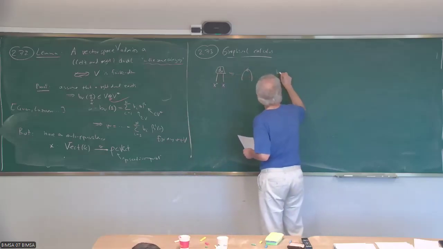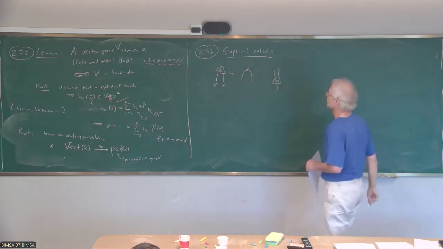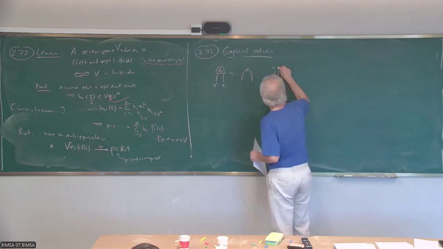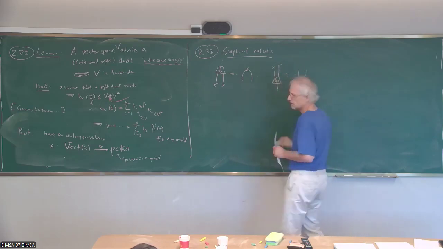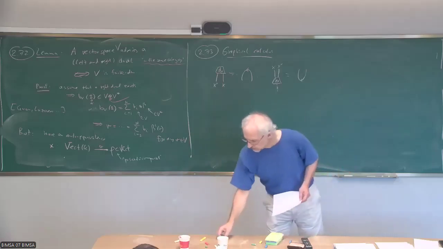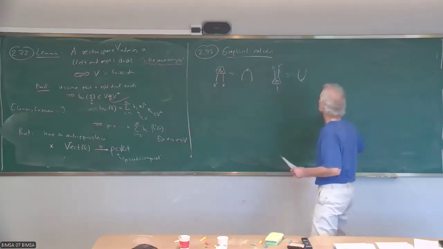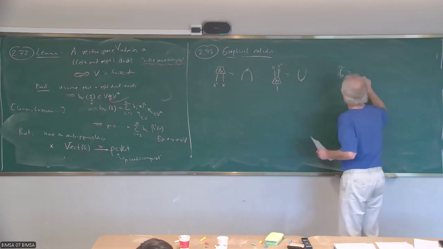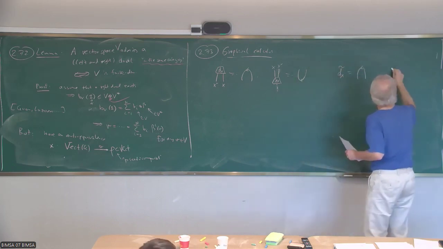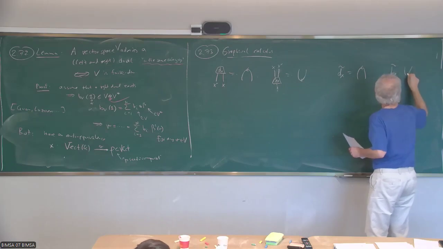And bx, which is a morphism from the tensor unit to x tensor x dual, I abbreviate it in this way. And analogously for the tilde ones, I denote like that, and like that.